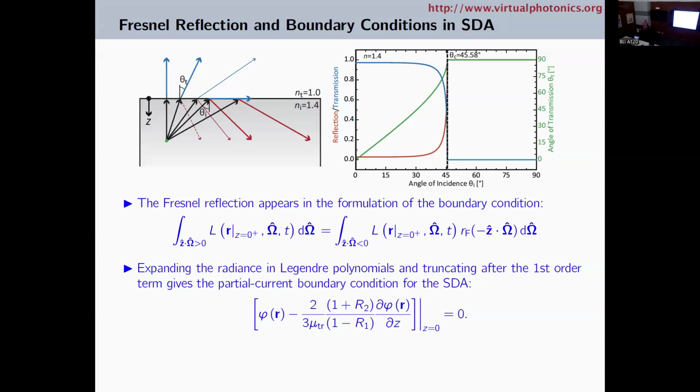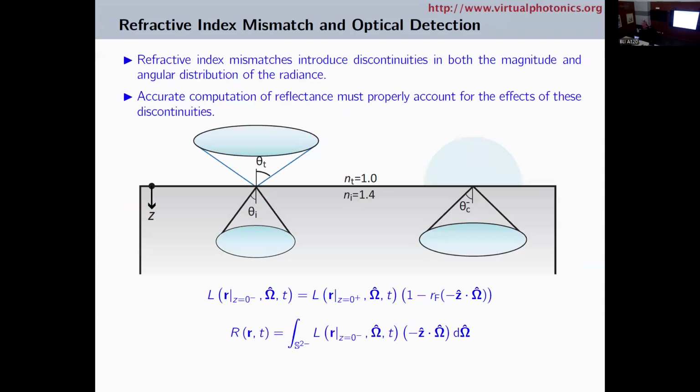Okay. So let's think about this, because often we're interested in reflectance. Again, I want to emphasize that these refractive index mismatches introduce discontinuities in both the magnitude and angular distribution of the radiance.